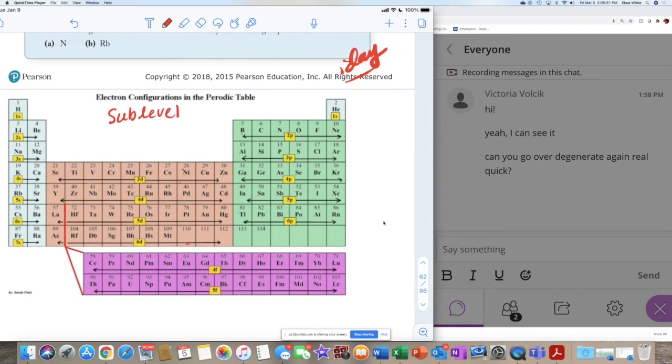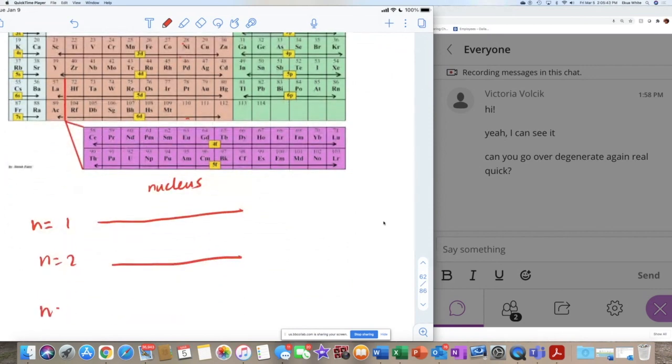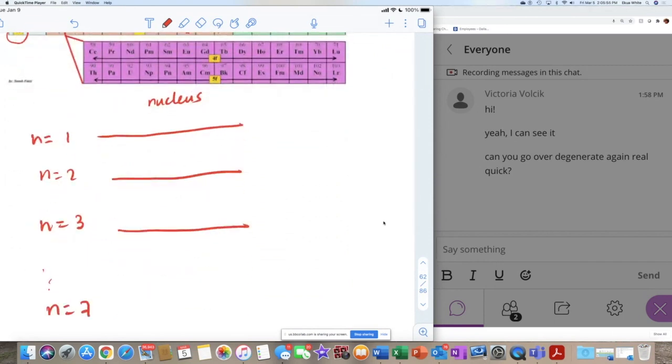Remember, the energy levels are N is equal to 1, the energy level very close to the nucleus. And then we have N is equal to 2, and N is equal to 3, all the way to, as far as the periodic table is concerned, the highest N value we see, which is N is equal to 7, right? These are the energy levels.